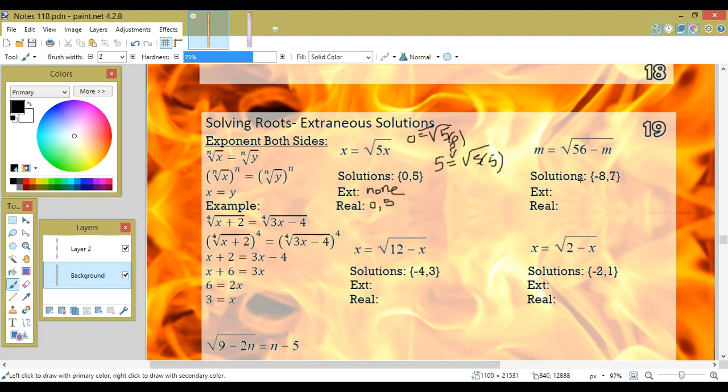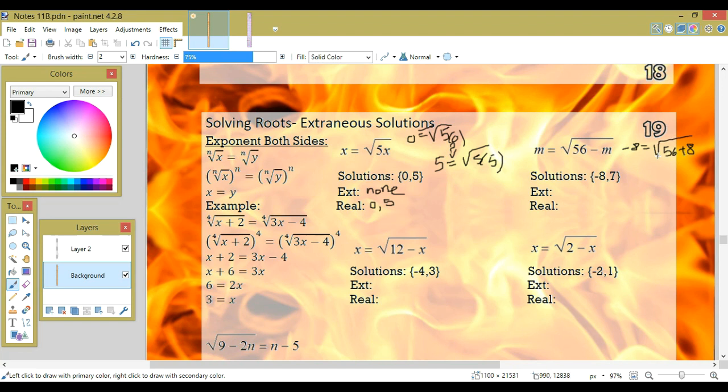We have negative 8 and 7. So if you were to solve this equation, you would get both of these answers. Let's plug them in and see if either of them are extraneous. Let's plug in negative 8 first. Negative 8 equals the square root of 56 minus negative 8, which is a plus 8.